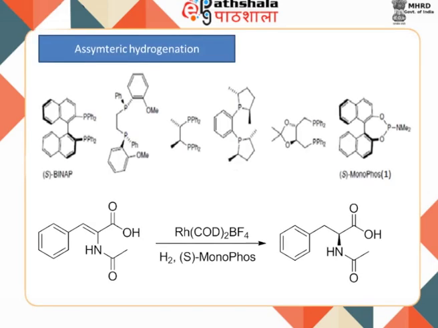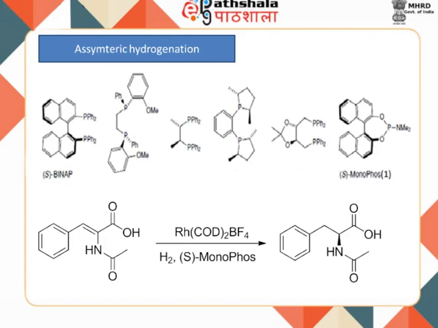Homogeneous hydrogenations are well suited to asymmetric induction using chiral ligands on the rhodium and ruthenium metal center. Chiral phosphines are most common and many have been studied. Recently, monodentate phosphine ligands such as MonoPhos have been shown to be very effective for enantioselectivity, reducing the N-acyl dehydroamino acids or their corresponding esters to amino acid derivatives.